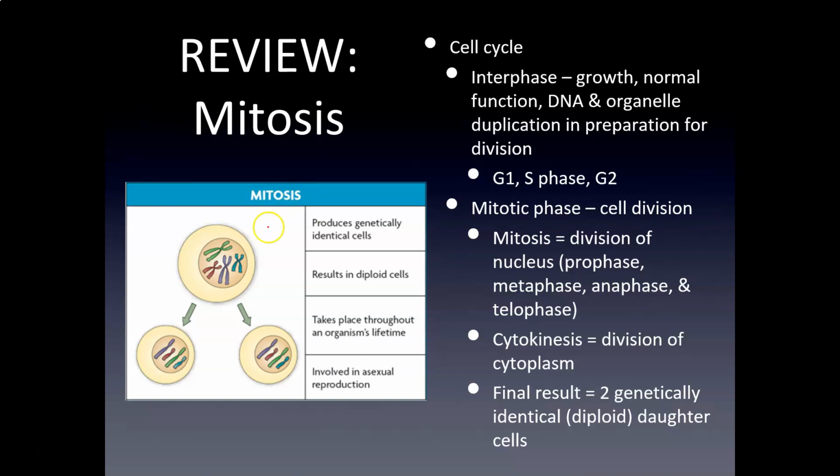So if I were to look at this original parent cell, this would be a 2N cell, and if we're talking humans, 46 chromosomes. The two cells that result from that would also be 2N cells with 46 chromosomes each. Okay. We're going to see when we go through meiosis that that's not going to necessarily be the case.